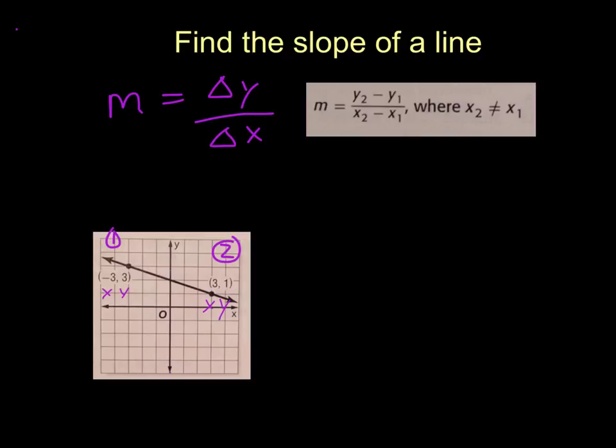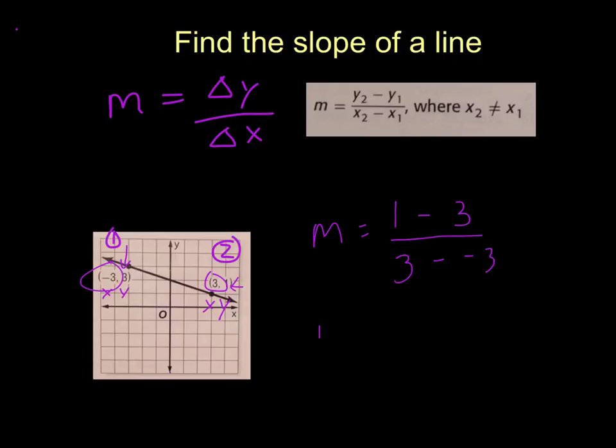And now I start by plugging my numbers into my formula. So I'm going to go: slope equals the second y, which I can see is 1 right here, so 1, minus the first y, because that's the difference, the change, and there's my first y. So 1 minus 3, and that's going to be over the second x, which I can see is 3, minus the first x, which is negative 3.